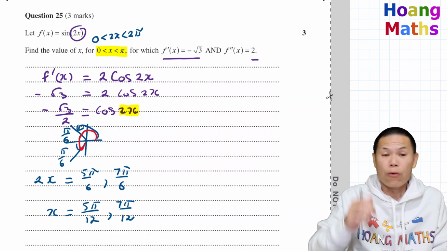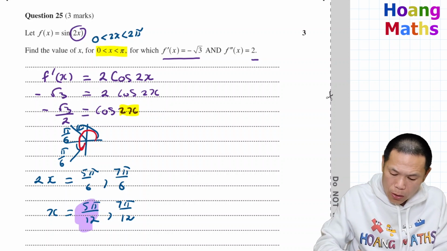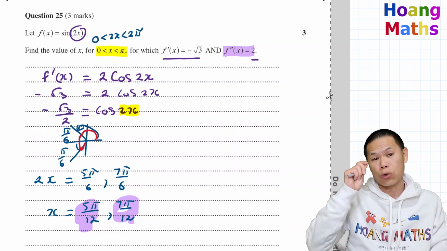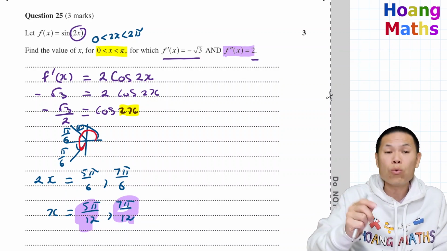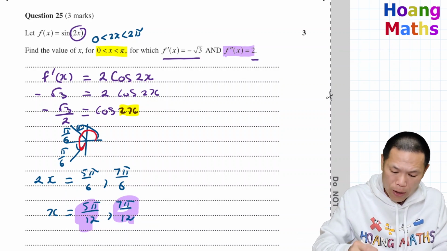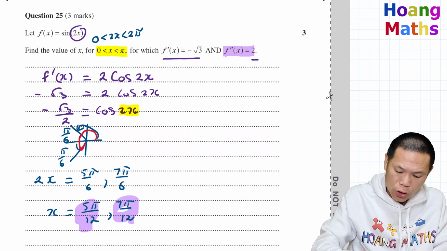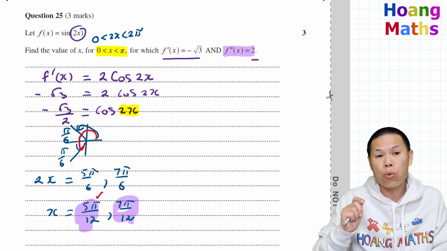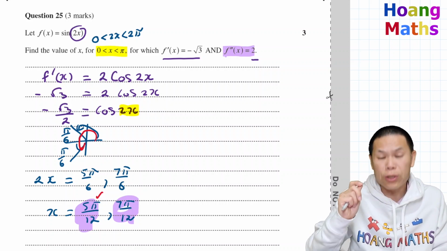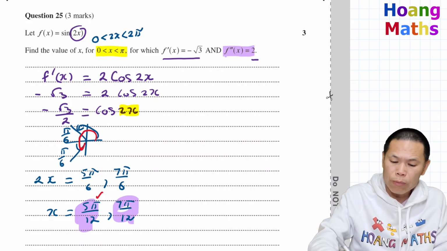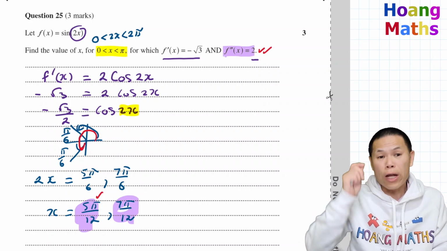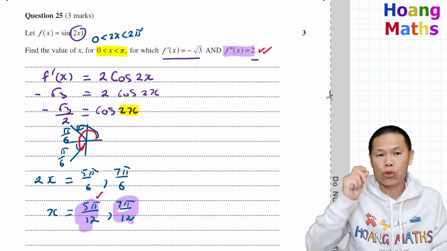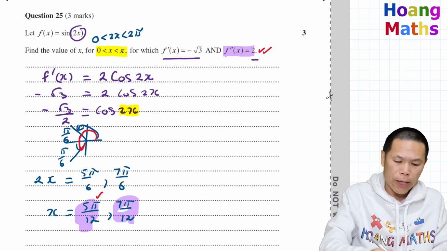But remember, it can be this or this, because we have to have f double dash x equal to 2 as well. So we can find the second derivative and substitute 5 pi over 12 and 7 pi over 12 into f double dash, and one of them should give us this. But rather than do this, I can just make f double dash equal to 2 and solve it, and I'm just looking for the common answer.